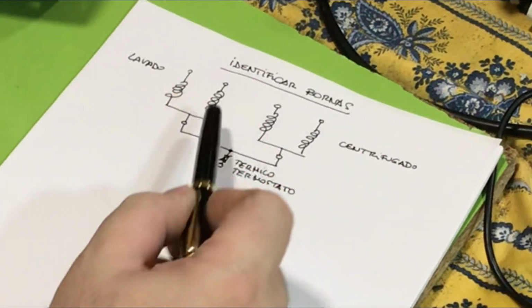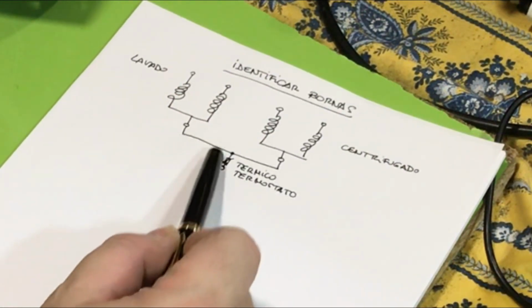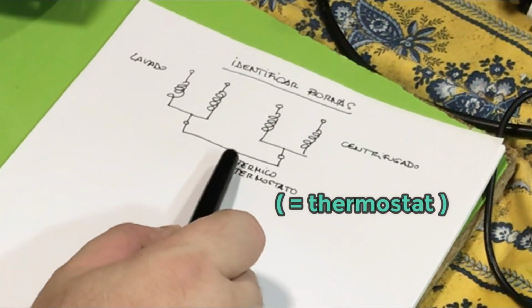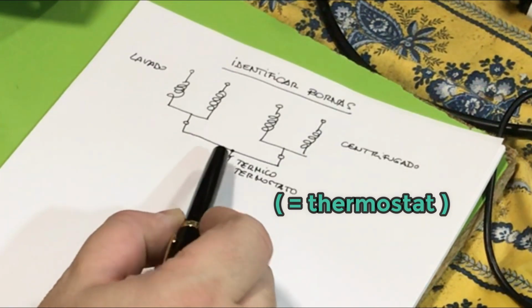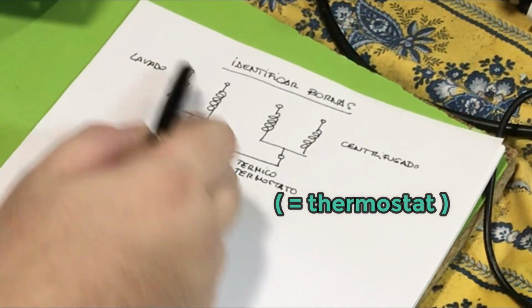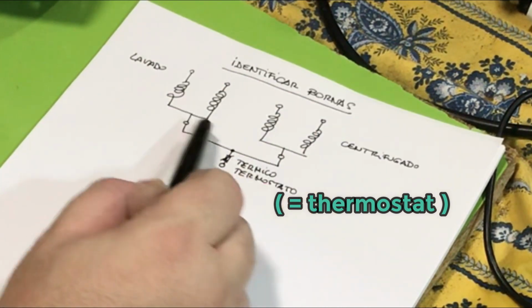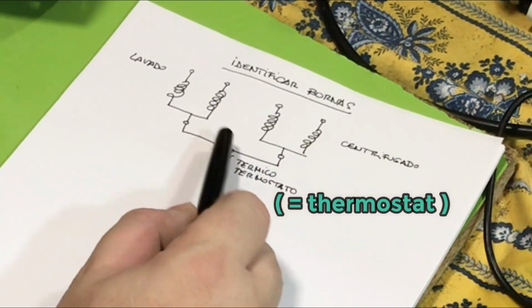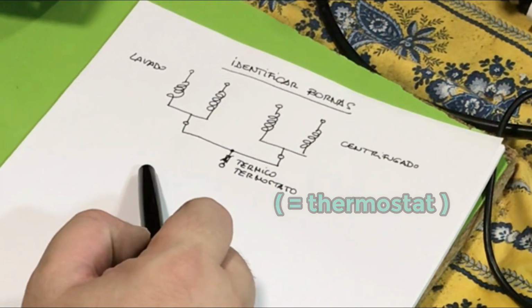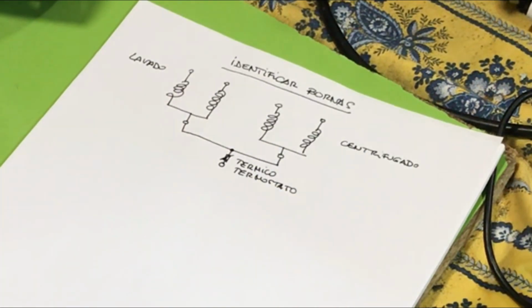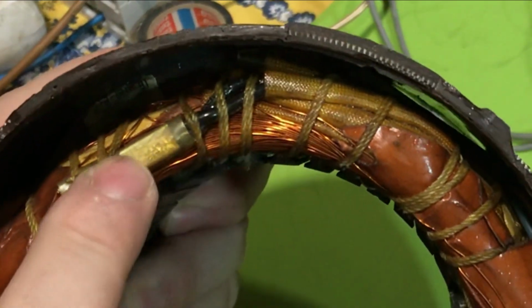In case of 5 terminals, the reason is that the 2 common points are joined, and there is a preventive thermostat that will cut the feeding in case of an over temperature. It's an easy way to protect the motor.